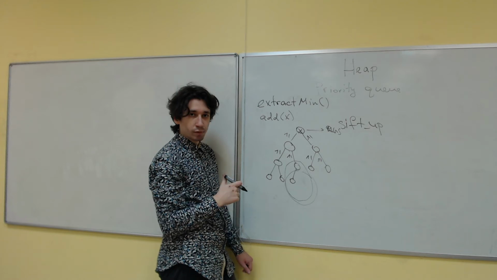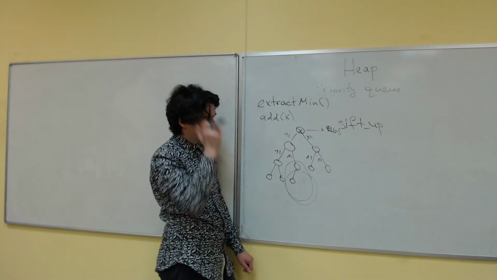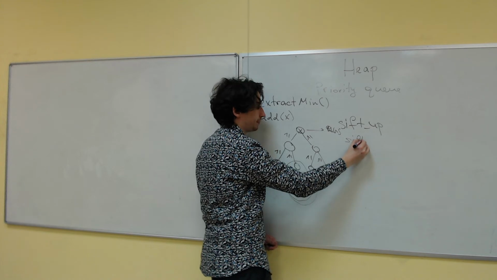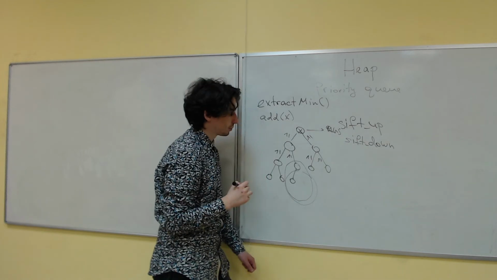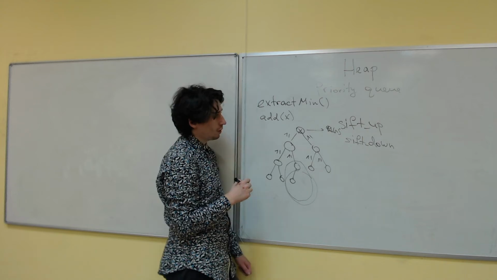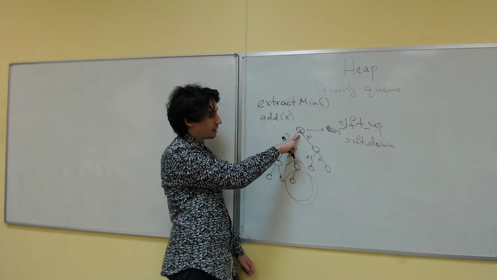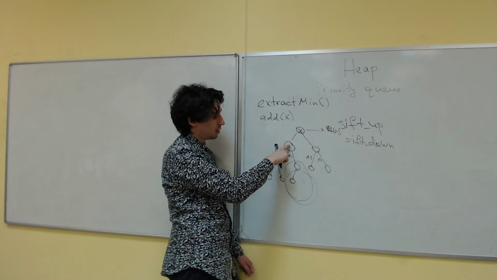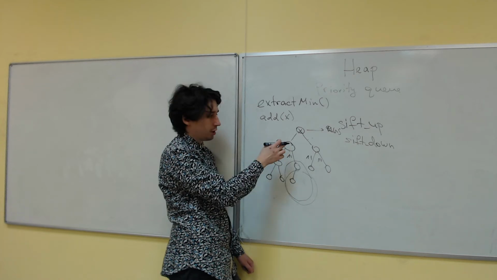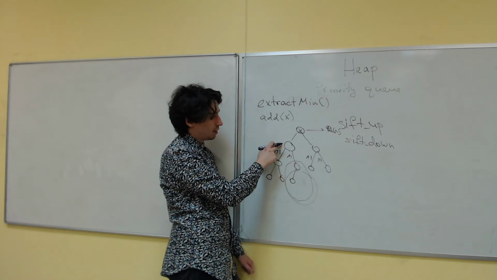Then we perform an operation named sift down. So we take x and something can be not correct here, right? Because you put some element x which was much bigger at the top, so something can happen that this x is bigger than its children.